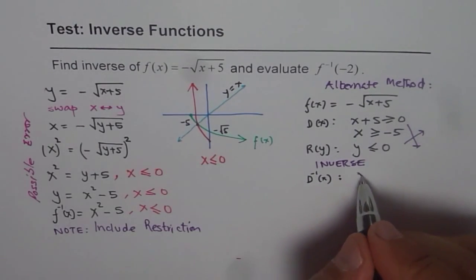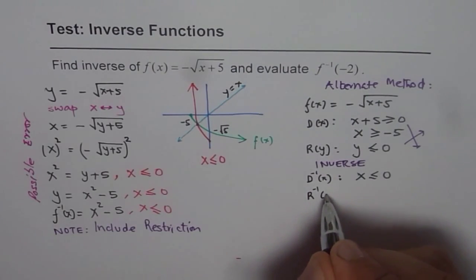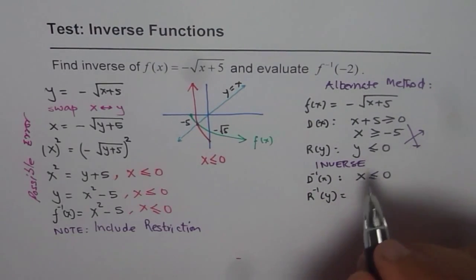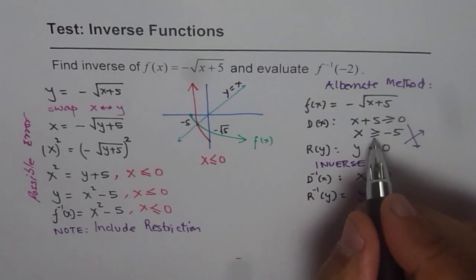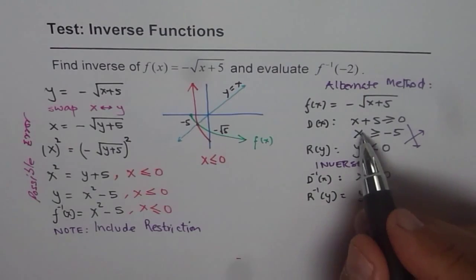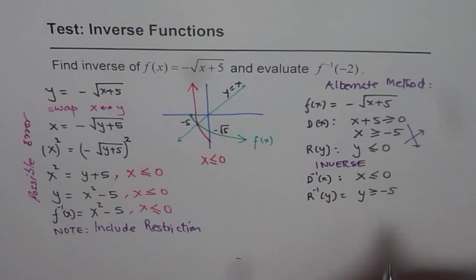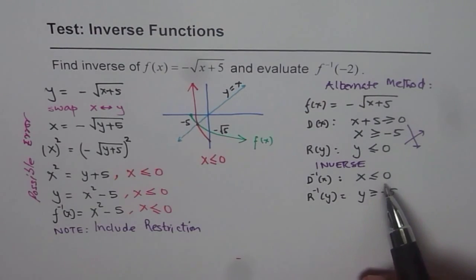The domain for the inverse should be that x is less than or equal to 0, and the range should be like this, that means y, because we replace x and y for the inverse. If you replace x and y, you get y greater than or equal to minus 5. Do you see that? So that becomes the restrictions on your inverse.